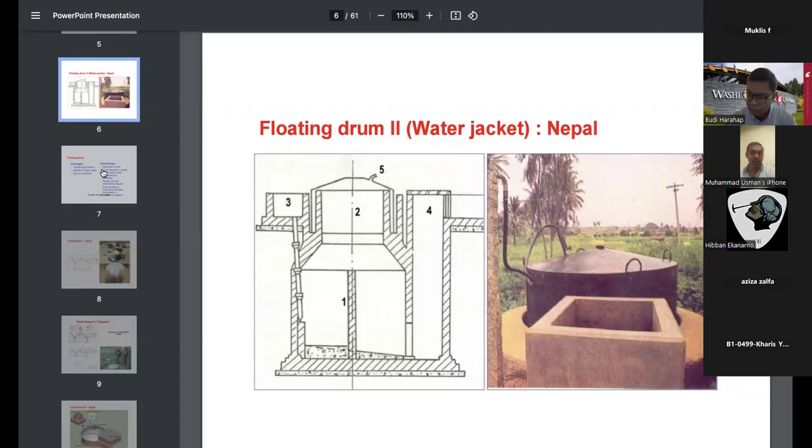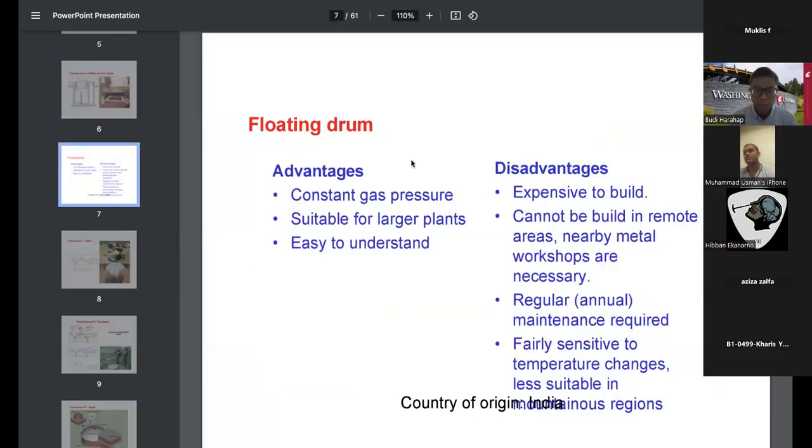In Nepal, they mostly make a central wall inside the digester, and they have observed that this divider not only makes the mixing of material easy, but digestion is also more complete compared to a biogas plant in which there is no central dividing wall. Next, please.